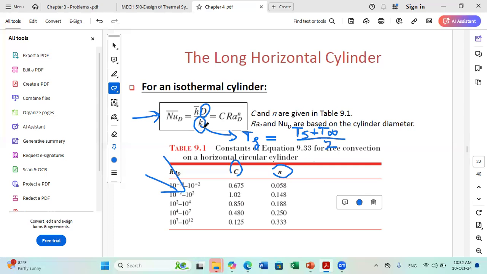Then we calculate the Rayleigh number, and for the value of Rayleigh that we get, depending on the range, we decide the values of C and N to put in this formula. So we should check Rayleigh to know which coefficients to use. Let us do it.